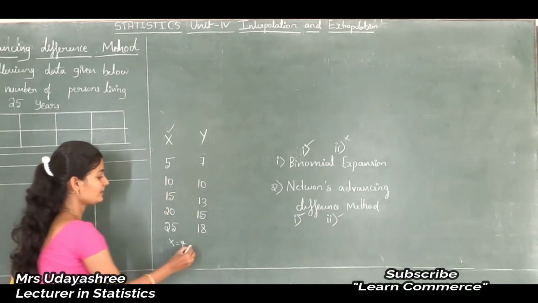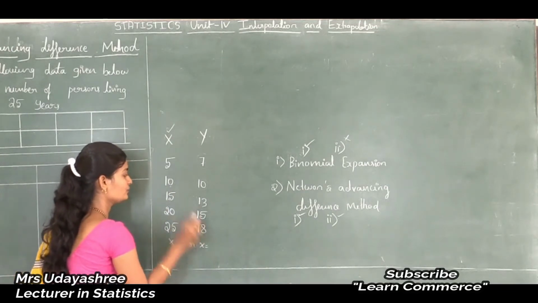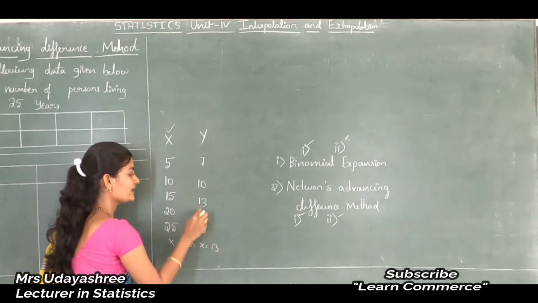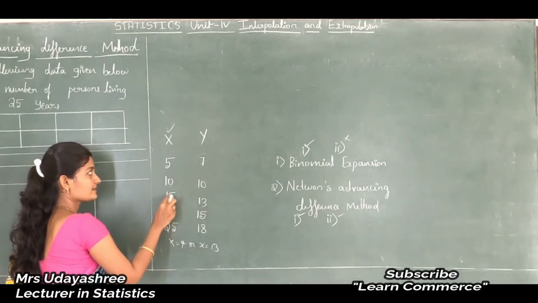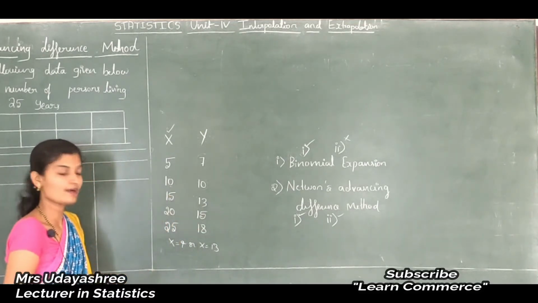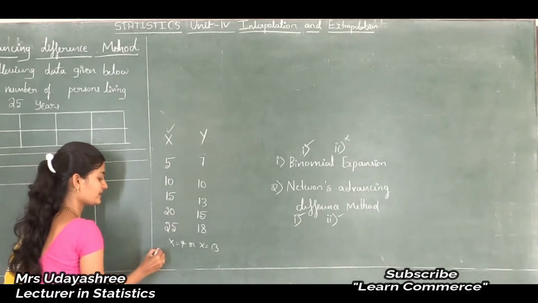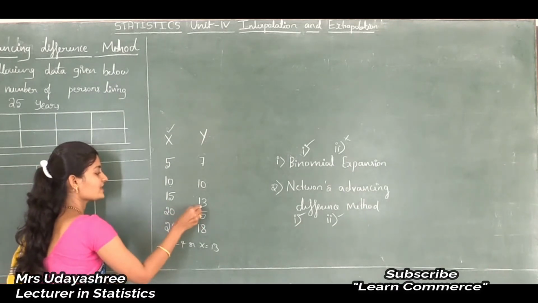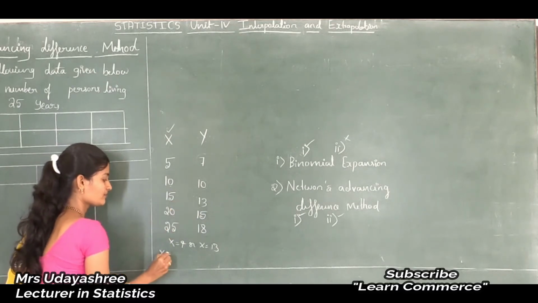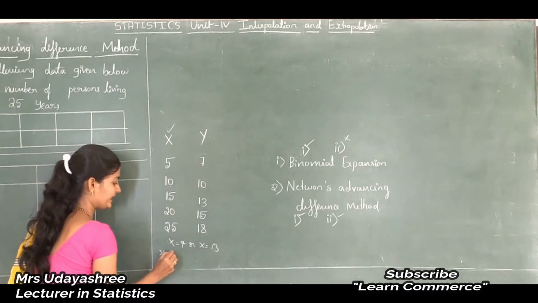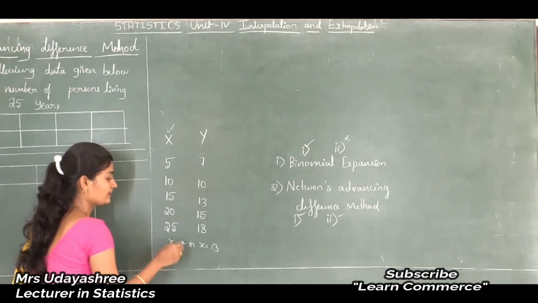For example, I will take x equal to 9. Similarly, any value in between, for example x equal to 13, or I will take 18, can be used as the value of x.